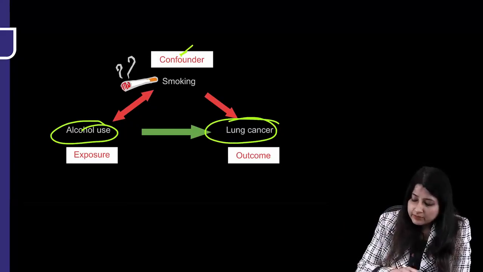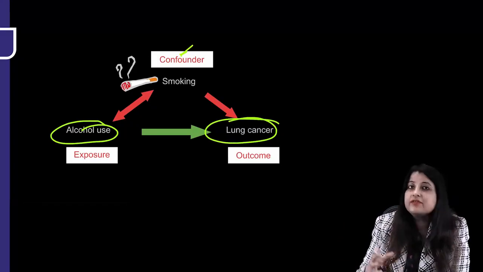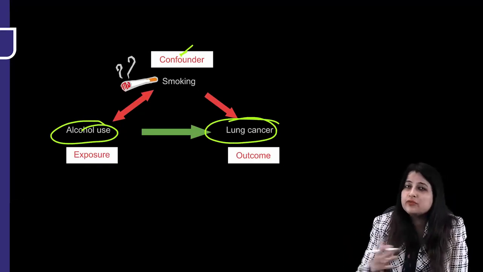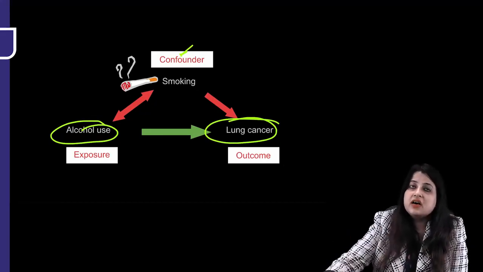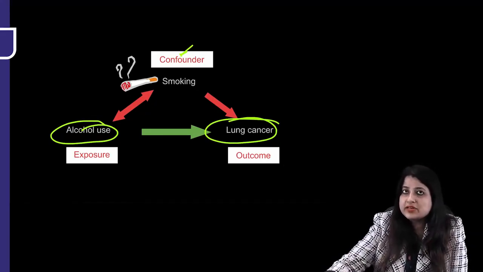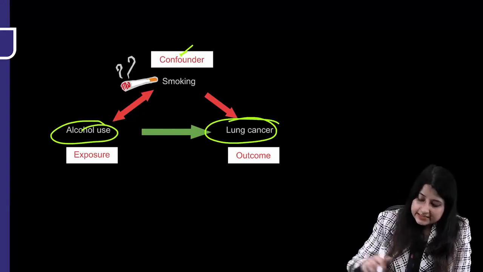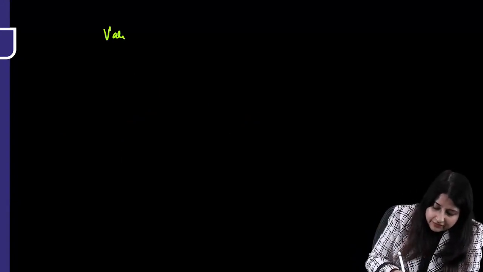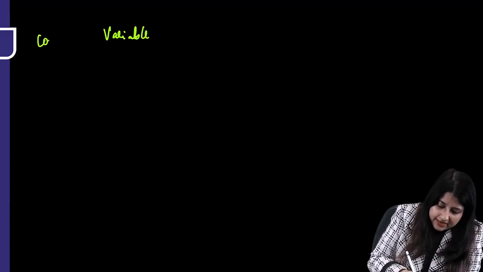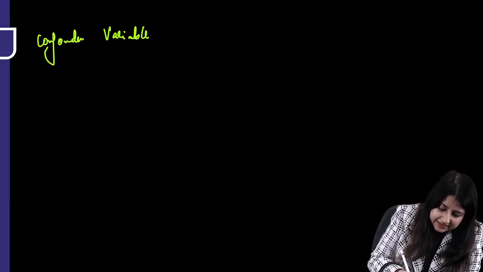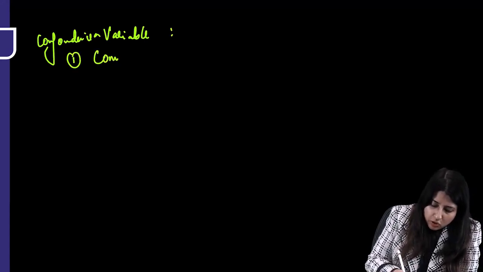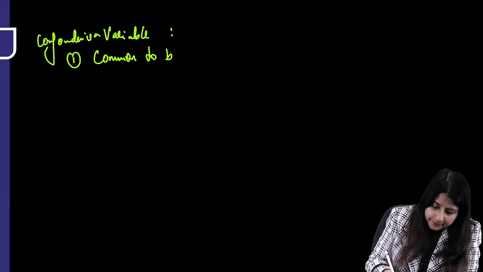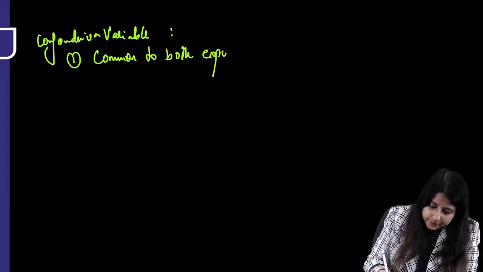What is a confounder? Please remember, a confounder is a variable. It could be 1, 2, 3, 4, as many confounders, both known and unknown, which gives a faulty association between exposure and outcome. A confounder is a variable which has to fulfill certain criteria. Number one, it is common to both exposure and outcome.